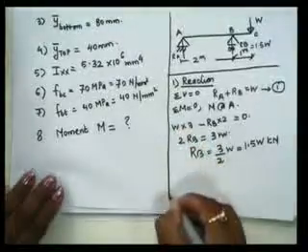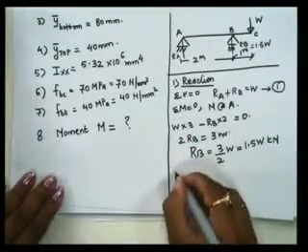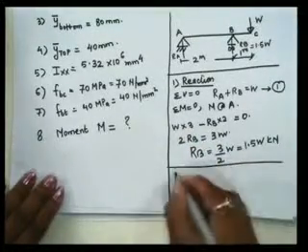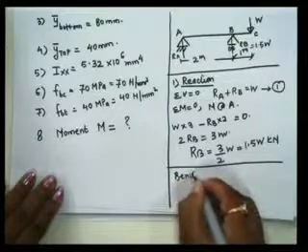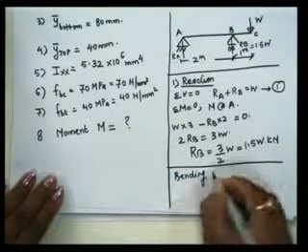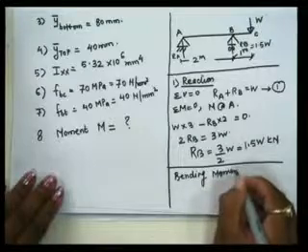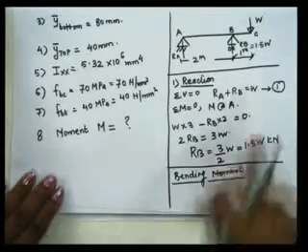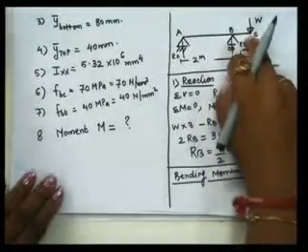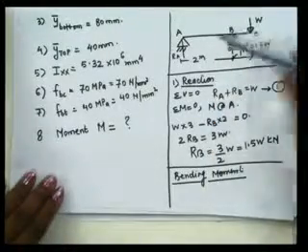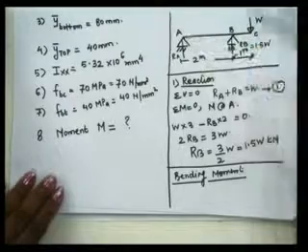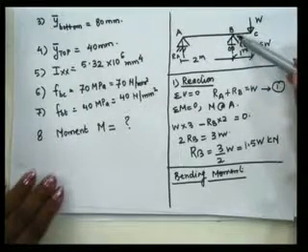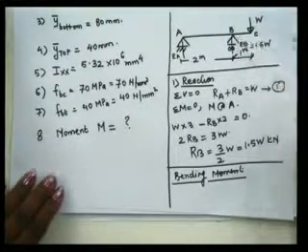Now we want to calculate the value of moment. Which moment? Bending moment, because I want the maximum value of moment. So we know that bending moment at point C is 0, bending moment at point A is 0, but bending moment at point B, what will it be?